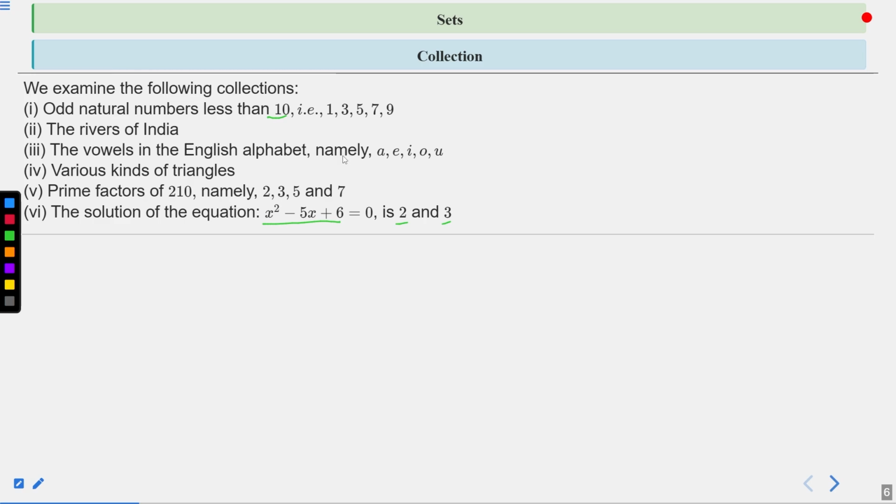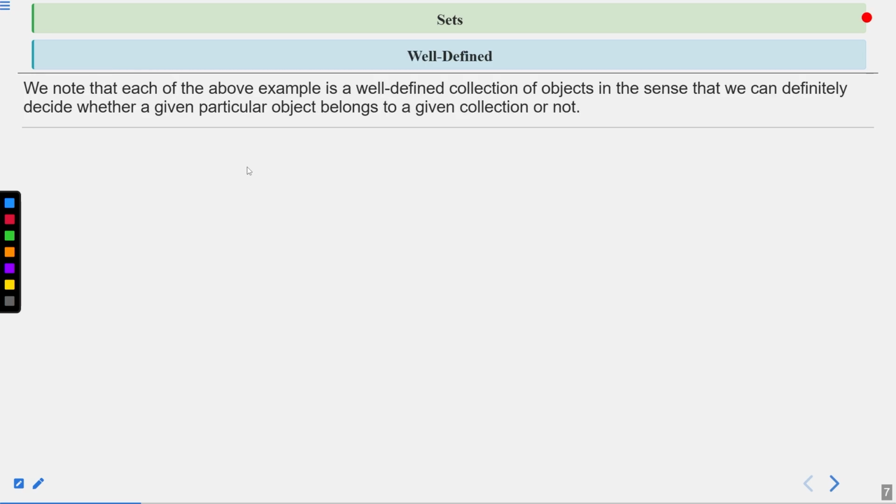So you will be encountering a term which is very important, which is well defined. First is collection. I hope the collection is clear. Collection is just the elements you have based on someone's question. Now well defined, the very important word. We note that each of the above examples is well defined. Only well defined things you can answer.